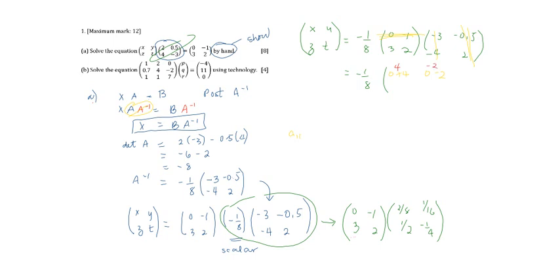And then for the next one, you have the second row and first column. Negative 3 times negative 3 is negative 9. And 2 times negative 4 is negative 8. So that gives us negative 17 when we add that.